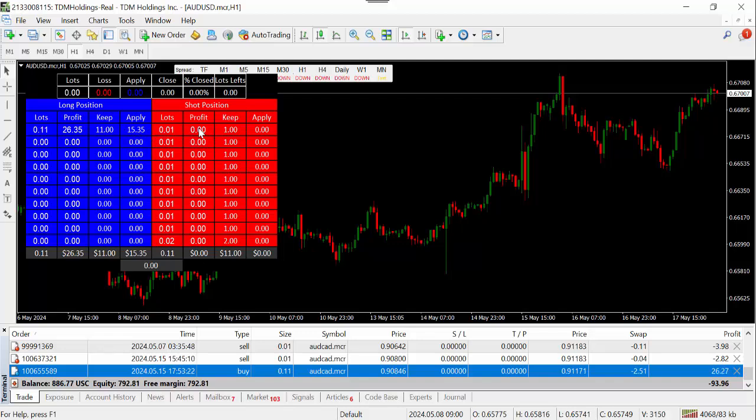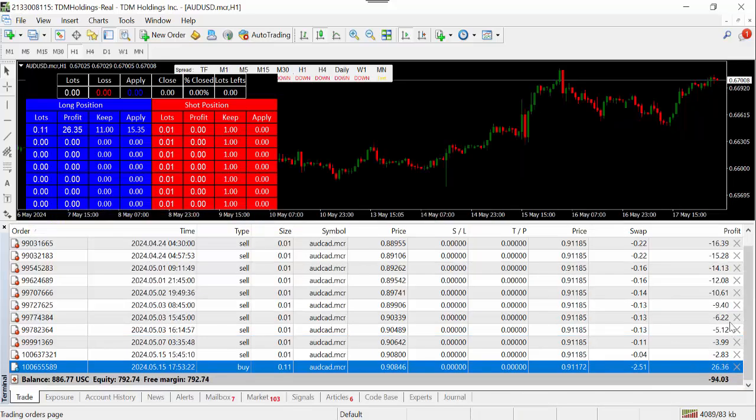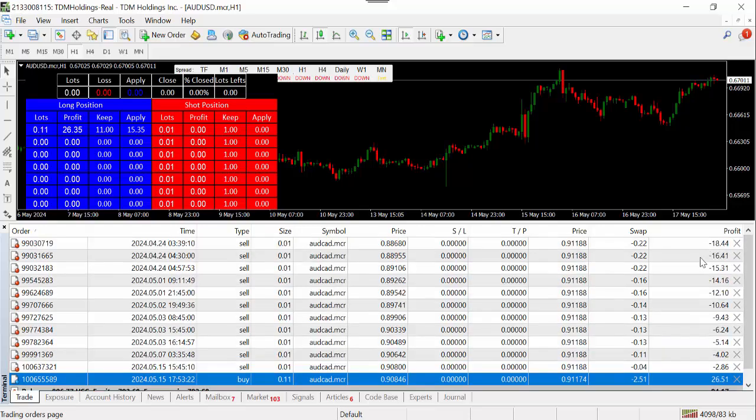Now to do this, remember that all these sell sides are negative. So let's try to see something here. If you look at our sells, we have minus 18, minus 16, minus 15, minus 14.